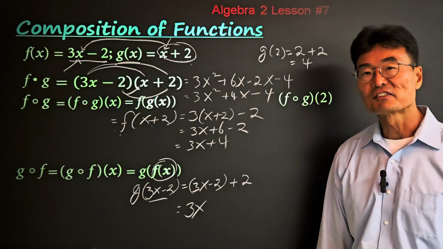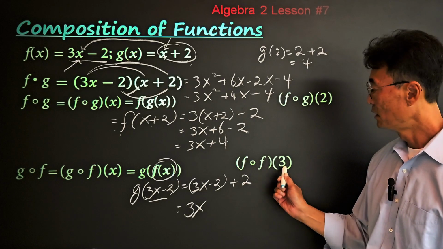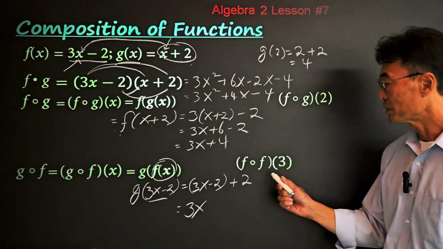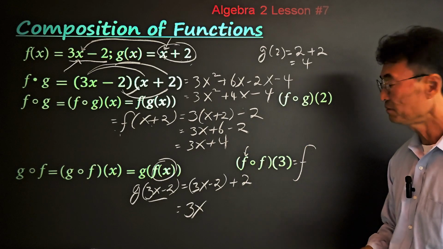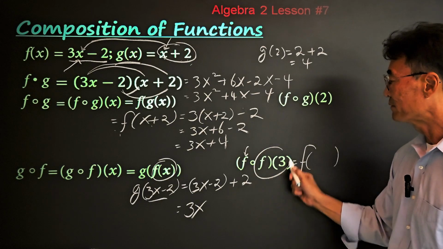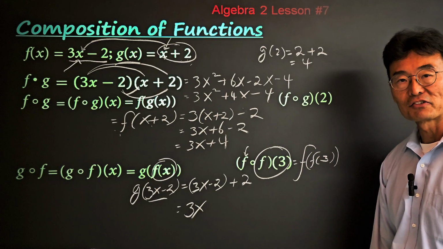And as our last example, let's do f of f of 3. So again, we could rewrite that as f of, that's for the first f. Then the f of 3, we'll put that in the parentheses like so.